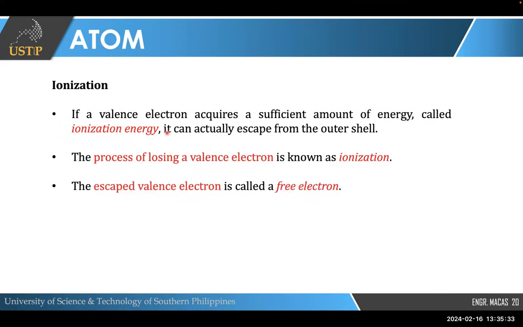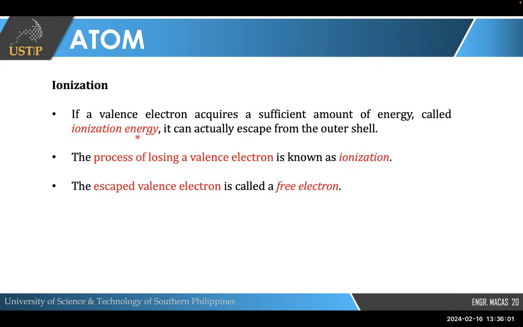Because if a valence electron acquires a sufficient amount of energy, which is what we call ionization energy, it can escape from the outer shell. Okay? Why do we want it to escape? Because as I said, we want the electron to jump from one atom to another and create electron flow. So it needs to have ionization energy.